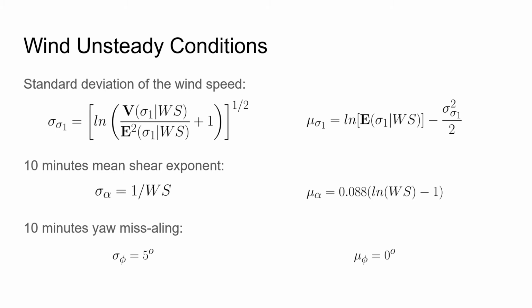The same experimental wind speed distribution is used in this case, but also defined is a standard deviation of the wind speed extracted from the wind turbine standard IEC, a mean shear exponent based on a simplified relationship, and a normal distribution for the yaw misalignment angle. Then, a Rosenblatt transformation was used to generate all samples with these dependencies and create the input space in the unsteady case.